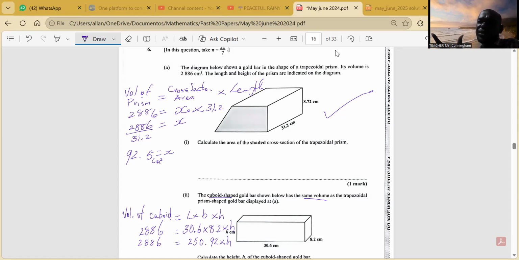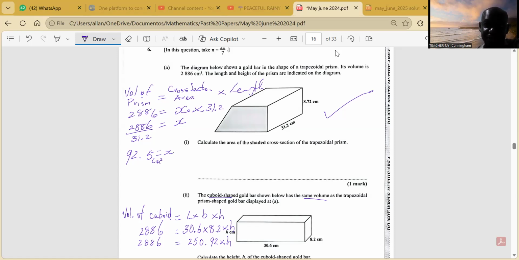I sent 2024 already, but I'll send 3 of them again. We did 2024. So next week, Monday, I will do some of them.